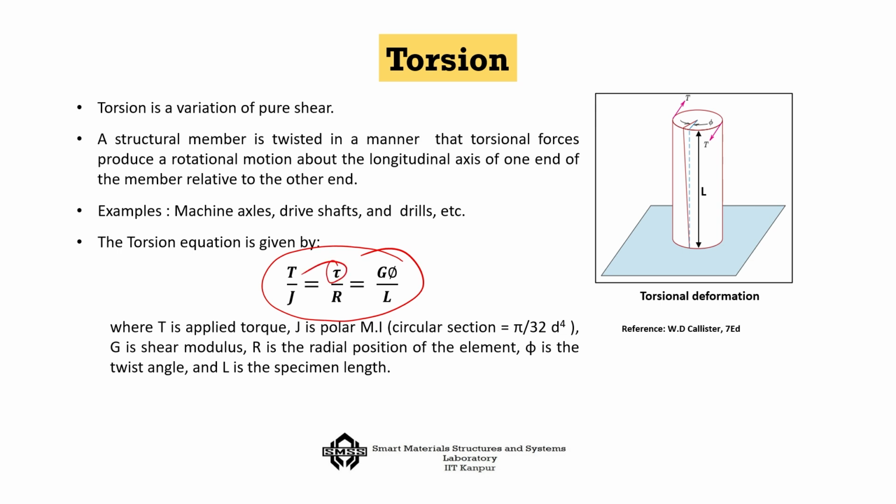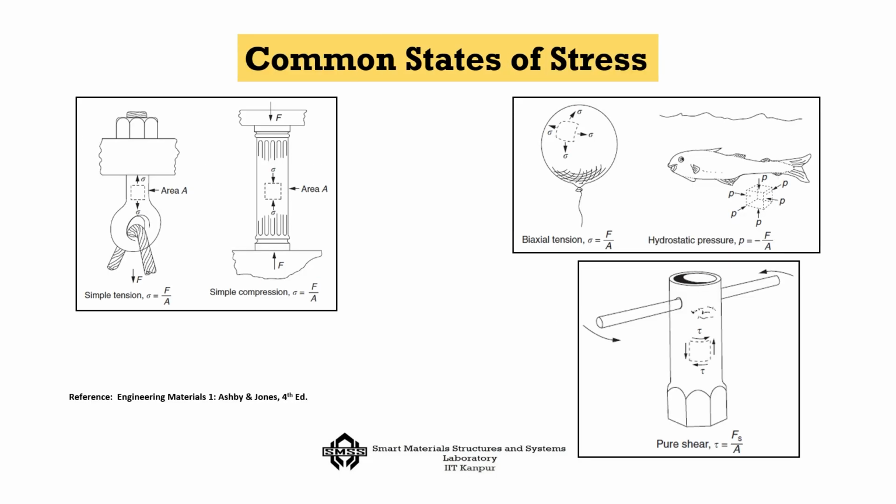They are implicitly related to each other. The very common states of stress are simple tension like this case, simple compression like a column, hydrostatic pressure on anything that is submerged or a balloon, and pure shear for bolts, etc. These are the different common states of stress that any product will generally come across.